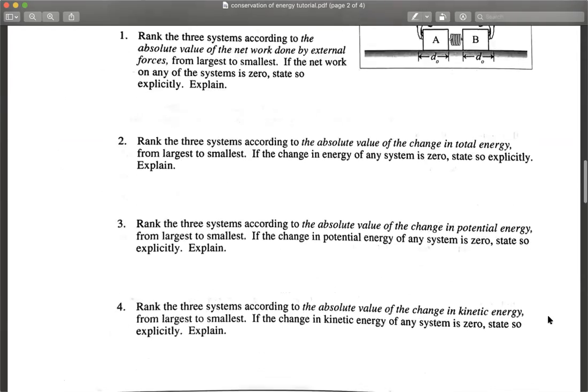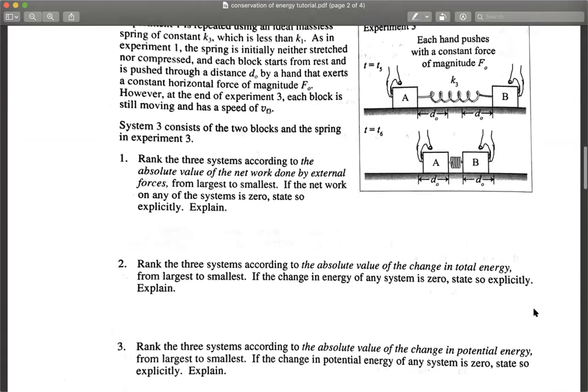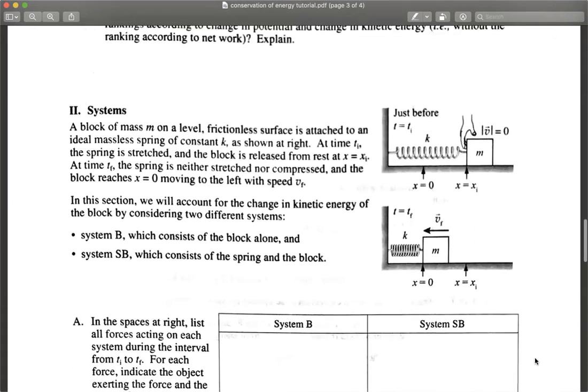Then there was another system with a spring that wasn't as stiff, so not all of the energy went into potential energy of the spring. Some of it still would have been in kinetic energy because the spring was not as stiff, so it didn't have as much potential energy.